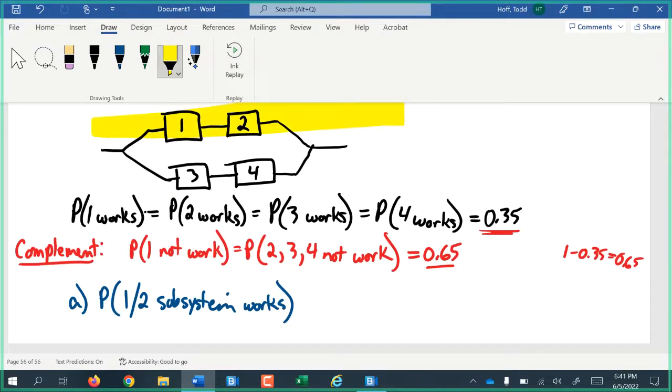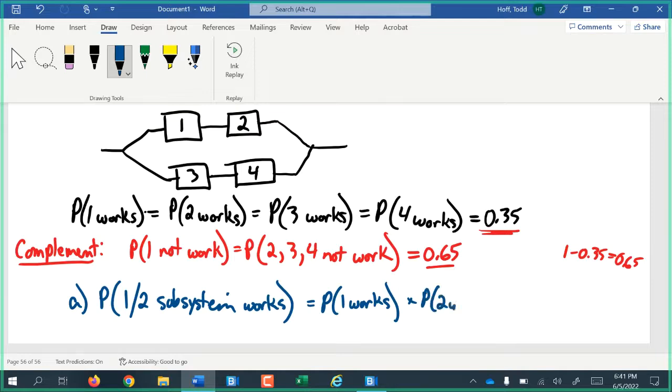So that branch needs to work. The probability that that branch will work is simply the probability that 1 works, since they're independent of each other, times the probability that 2 works. They both have to happen. So for here, that'd be 0.35 times 0.35, which gives us, what is that?